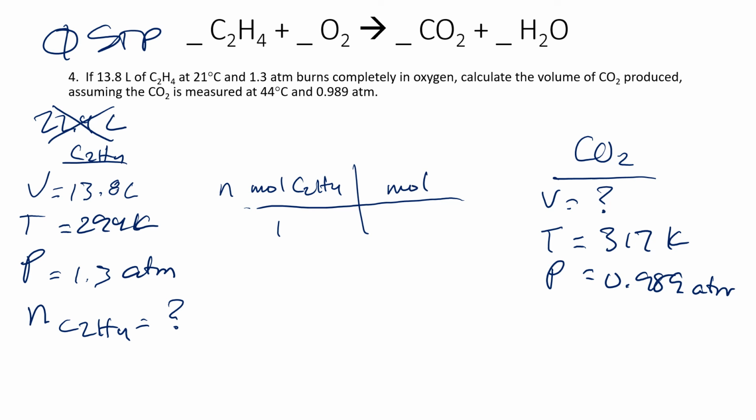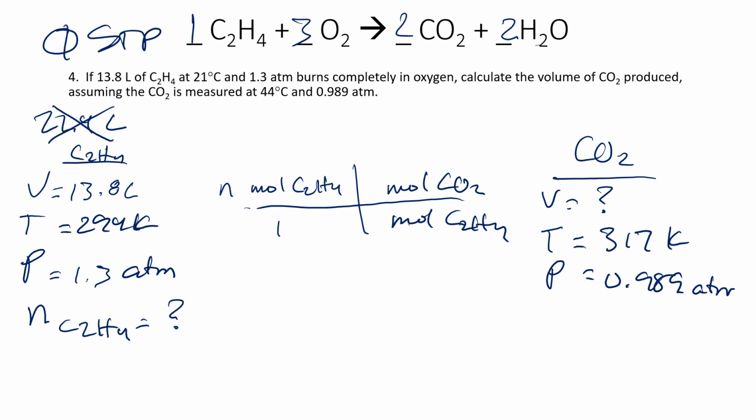So my moles of CO2 is on the top, moles of C2H4 is on the bottom, and that's going to be my mole to mole ratio. Let's see, just so I can get the numbers down at least. Let's see, 2, I think that's it. So 2 C's, 4 H's, 2 O's, 4 O's. So I think that should be good.